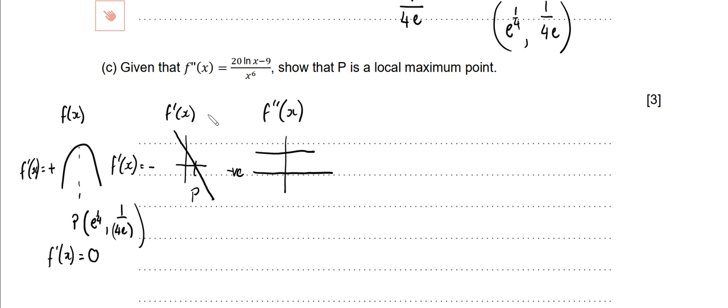So we can say that f dash dash of e to the power of a quarter must be negative. We just need to show that.